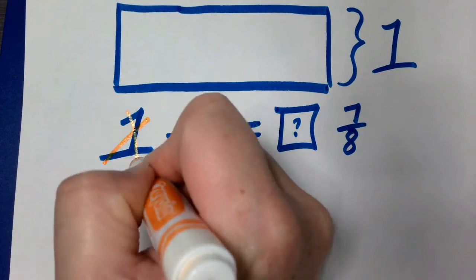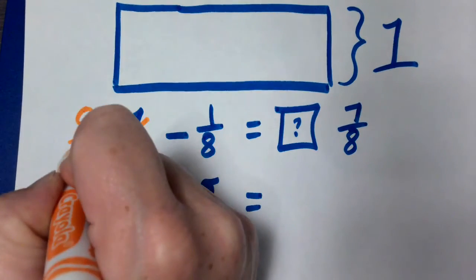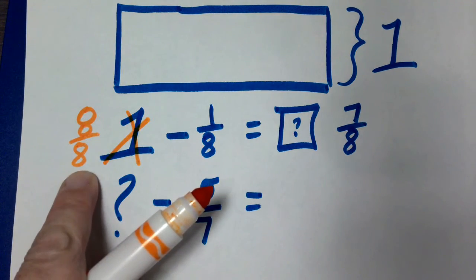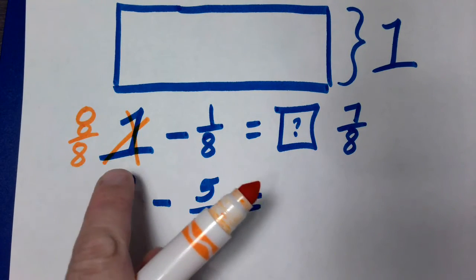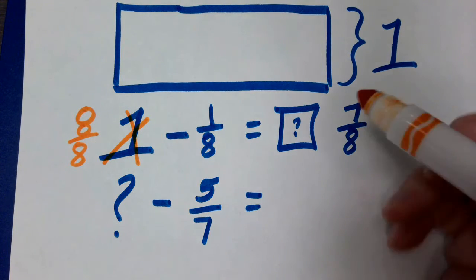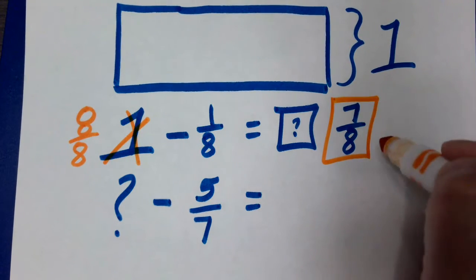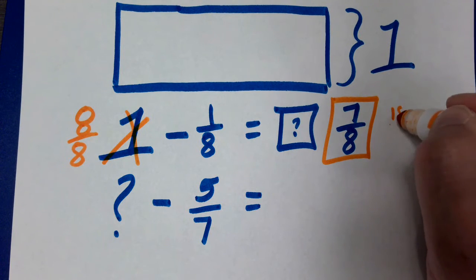So I can cross off the 1 and rename it as an equivalent fraction of 8/8. So 8 take away 1 is 7, and when we subtract with fractions, we have to have common denominators, which we already had. So 7/8 is what they had at the first sitting, or the first party.